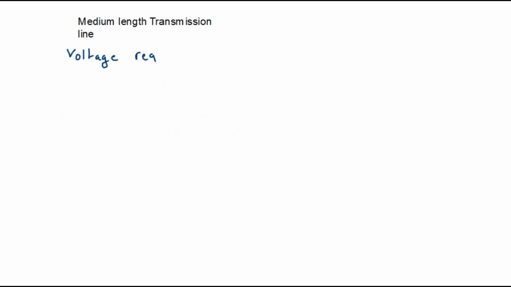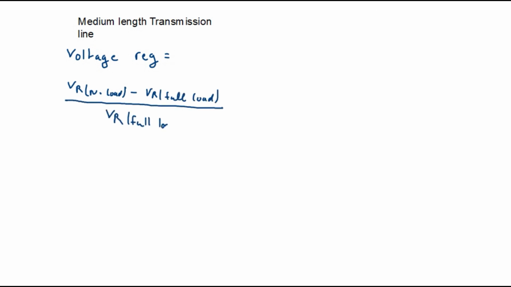Next, let's calculate the voltage regulation. This is equal to VR no load minus VR full load all over VR full load. VR no load is equal to Vs over A. These are voltage magnitudes and line values.